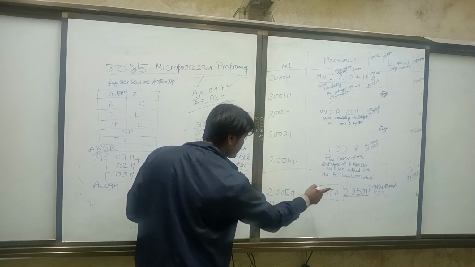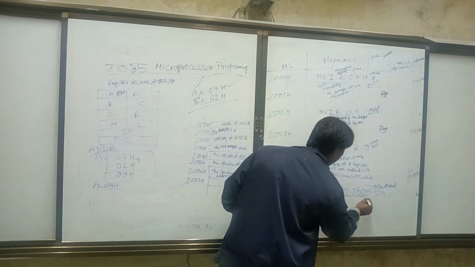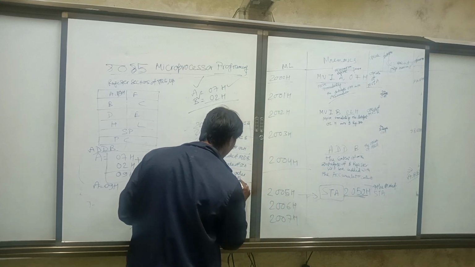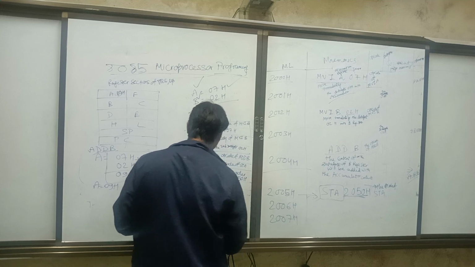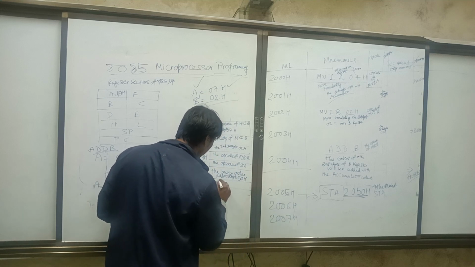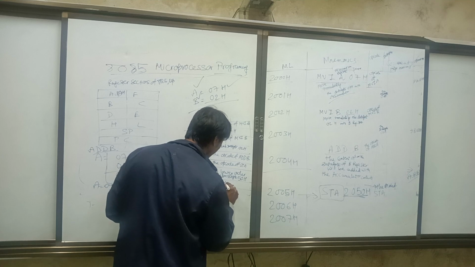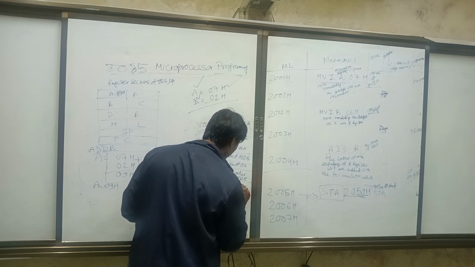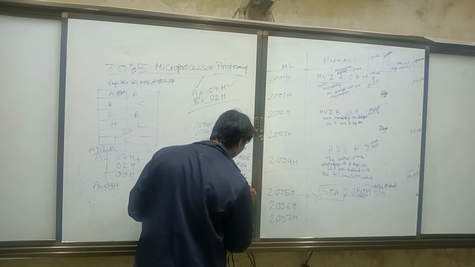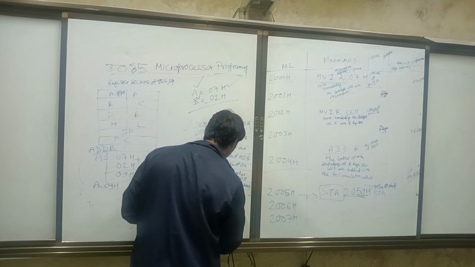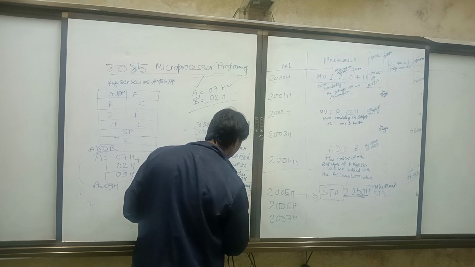Lower order address byte means this 50 first, and then the higher order address byte, that is 20H.